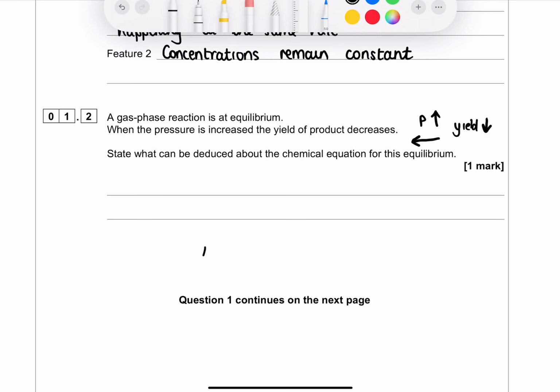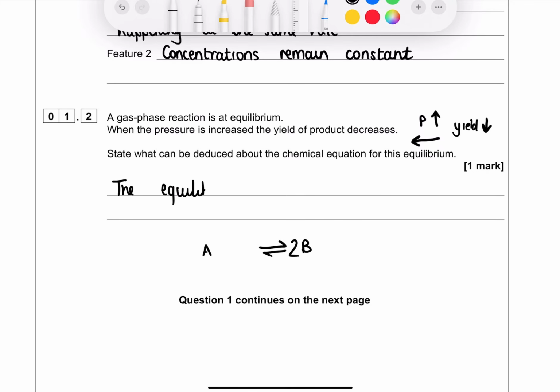If a reaction has equal moles on each side and we increase pressure, it wouldn't move. When we increase pressure, we shift to the side with the fewest moles. We said we're going to shift left, which means we need to have more moles on the right-hand side in order to shift to the left when we increase the pressure.